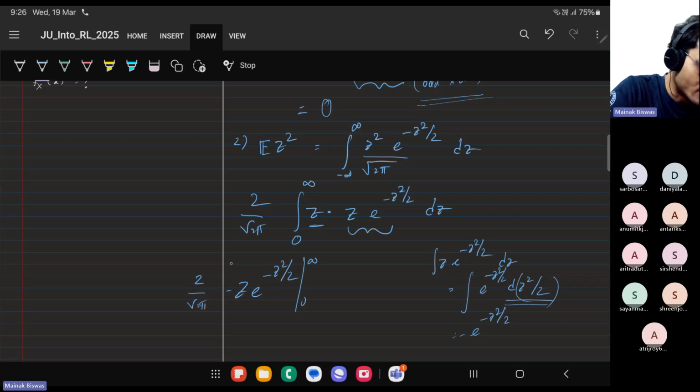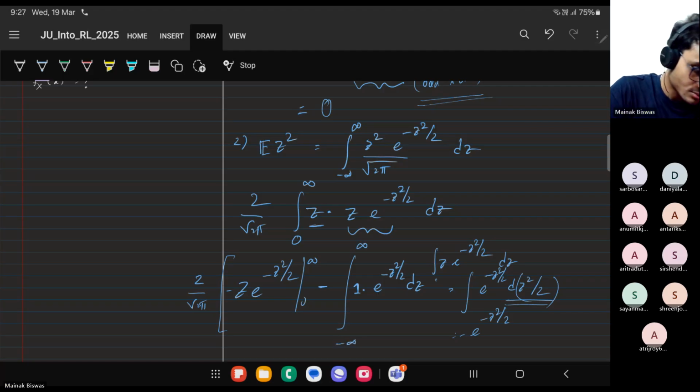And I have another term, plus 1 into the integral of e to the power minus z square by 2 dz. Now the trick: let us write minus infinity to infinity dz, with 1 by root 2 pi. I will not put a bracket.